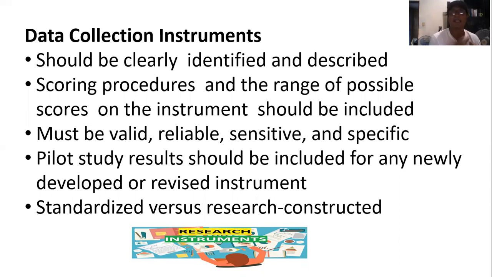Number two characteristic is scoring procedures on the instrument must be included. It means that you will use a psychometric scale such as the Likert scale to measure a respondent's answers to the questions.